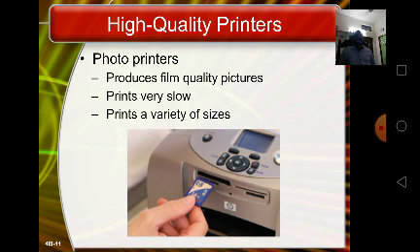Several models are no larger than a standard 4 by 6 inch snapshot, although newer photo printers can produce 8 by 10 inch or even 11 by 14 inch prints. Many larger format photo printers can print multiple images on a single sheet of paper.